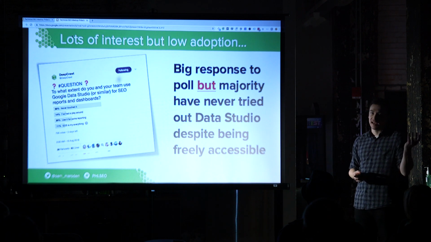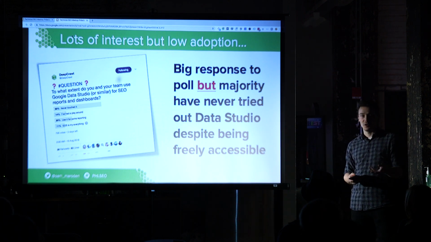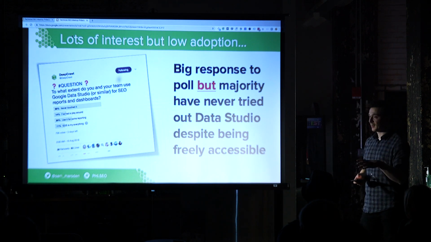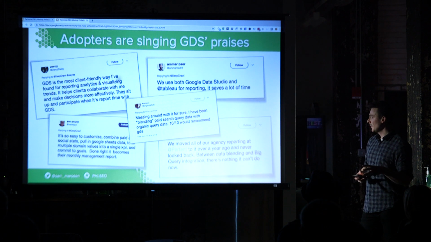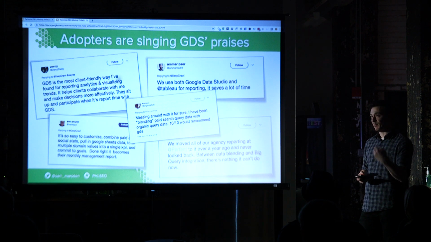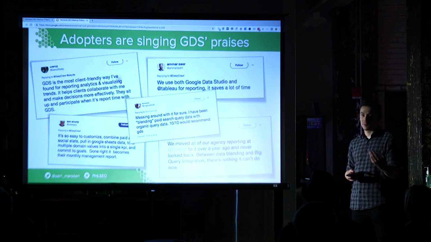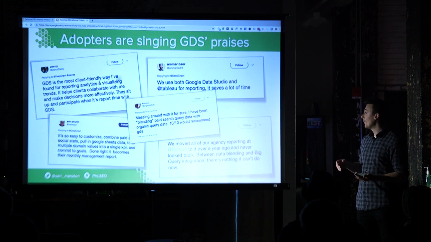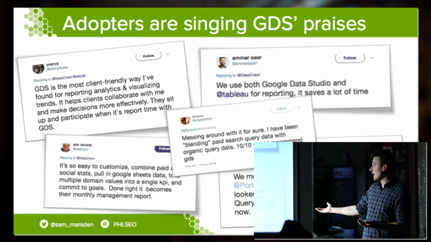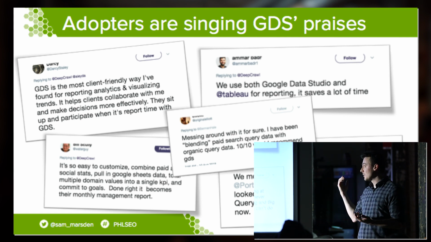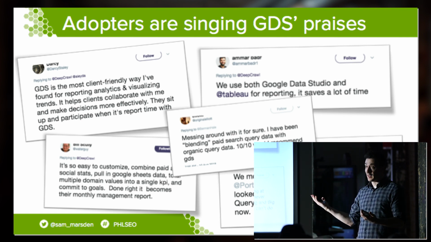They might be using different dashboarding and data viz tools like Tableau, Power BI, Domo, but I think it's more a case of people being lazy, and it's easy to get stuck in manual workflows and what you're used to. But the people that are using Data Studio seem to have a lot of good things to say about it.